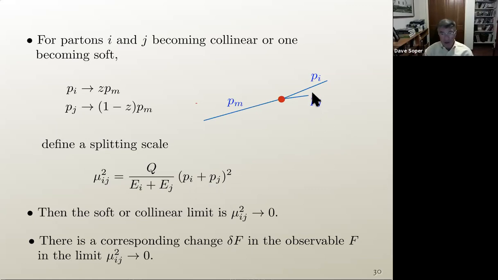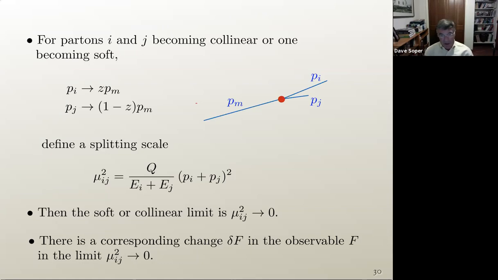So (p_i plus p_j) squared goes to 0 in a collinear or a soft emission. So mu squared goes to 0 in a collinear or soft emission. So my mu squared is just a measure of how collinear or soft the splitting was. And the limit that you're interested in then is mu squared goes to 0.